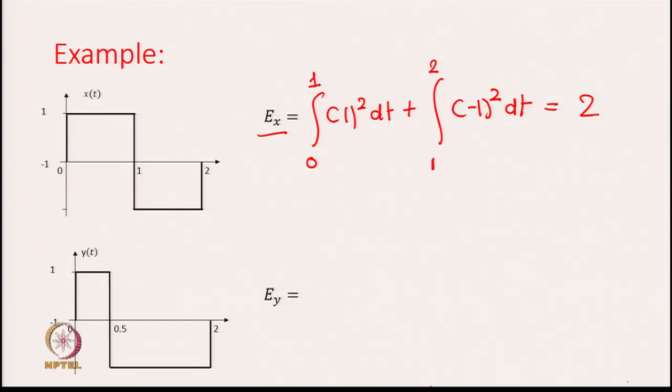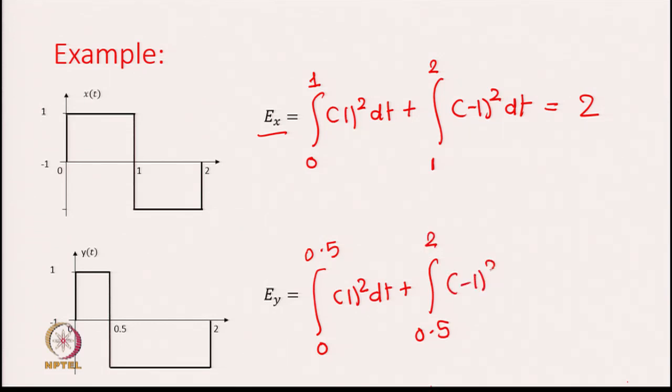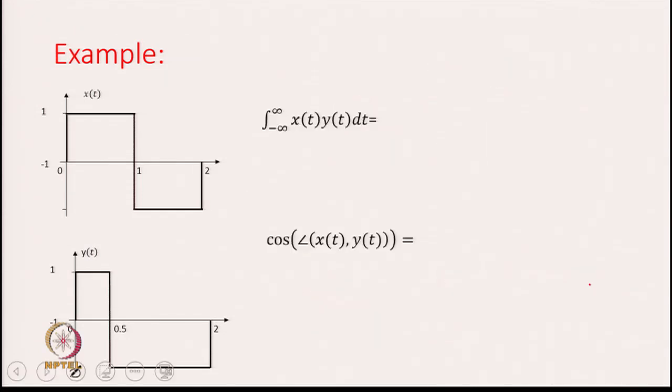Similarly, I can find the energy of the signal y(t), and this will also be 2. Then what I need to find out is the inner product between these two signals.